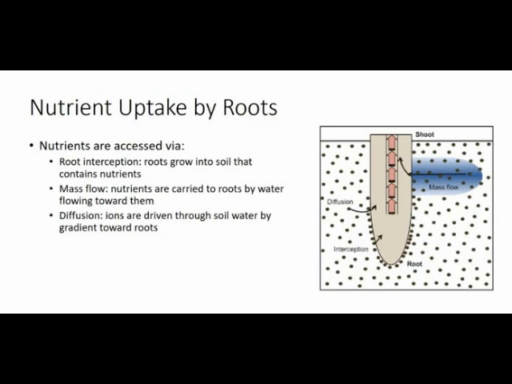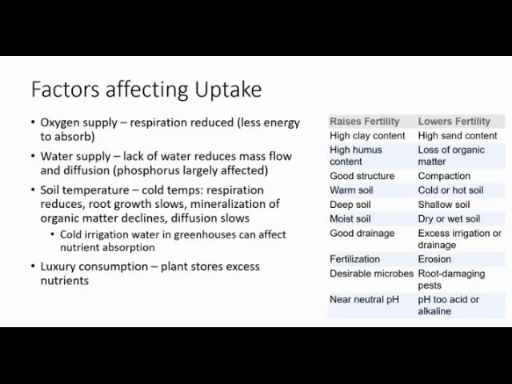Then they will start to grow for you and they will be lovely and perfect. So just let me give you one more. Factors affecting uptake: oxygen supply, water supply, soil temperature, cold irrigation water, luxury consumption.